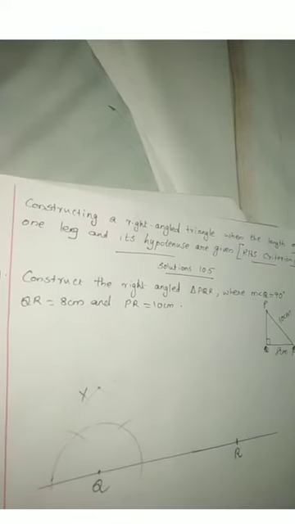Then we can draw another 2 arcs. Again we can draw here. Okay, now we can mark the intersecting point of these 2 arcs as X. Okay, now we can draw a ray XQ.